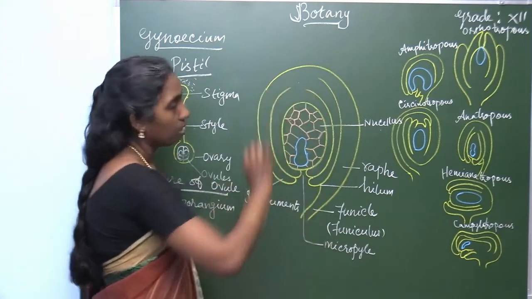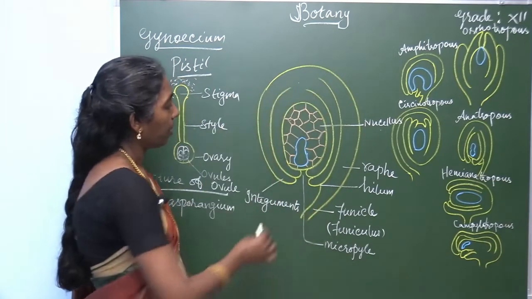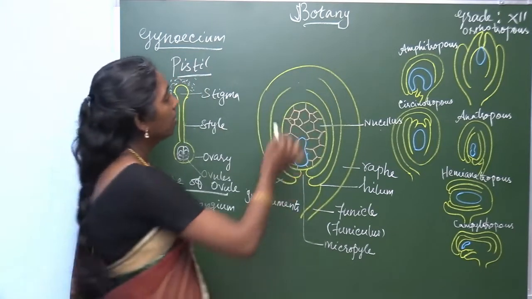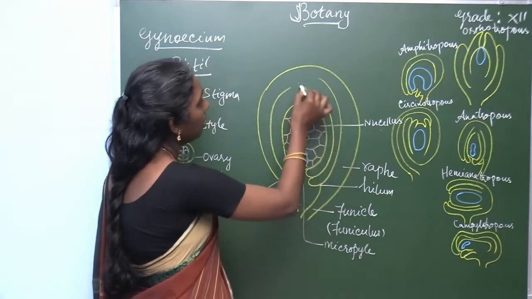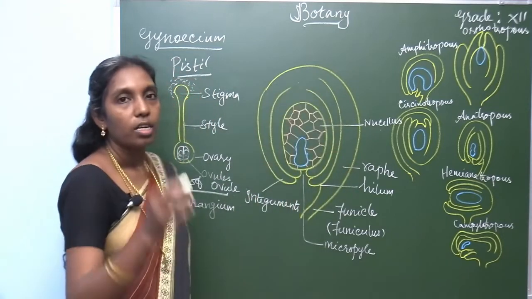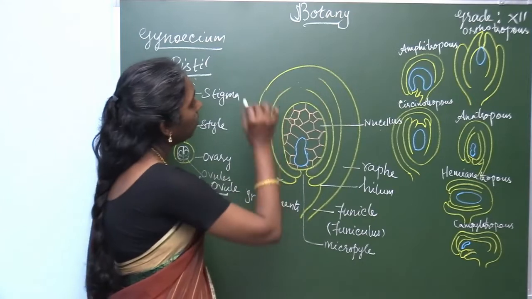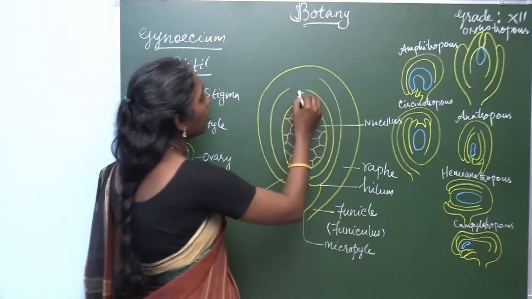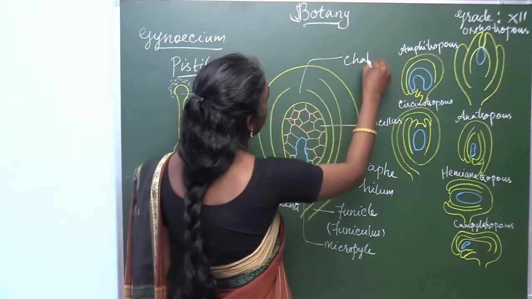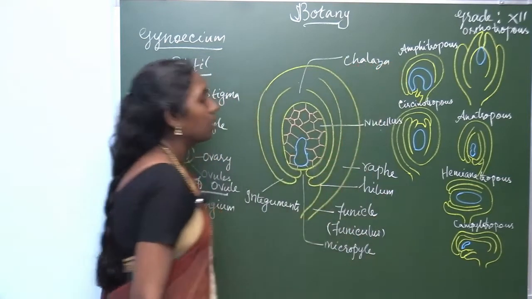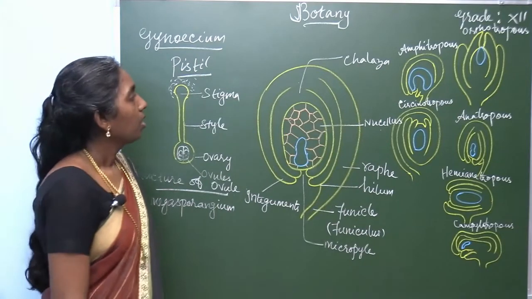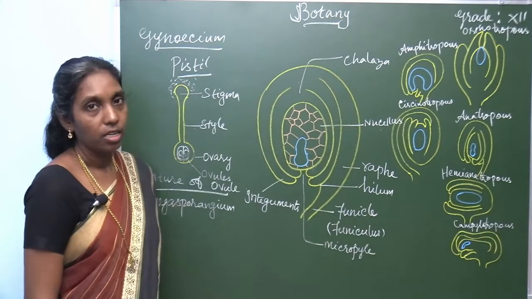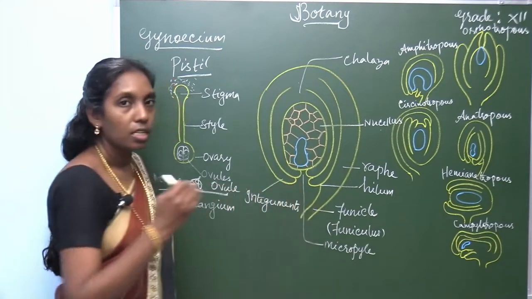Just opposite to the micropyle, the region where the integuments and the nucellus are placed is called chalaza. This region is the basal region, and the other is the top region.